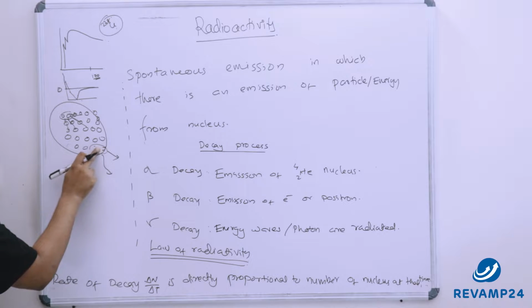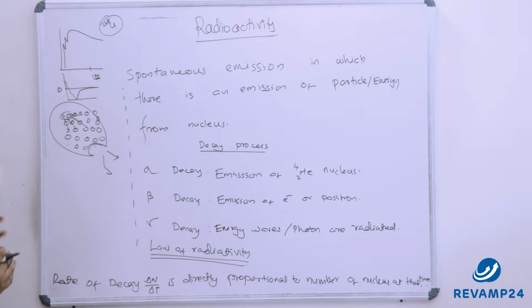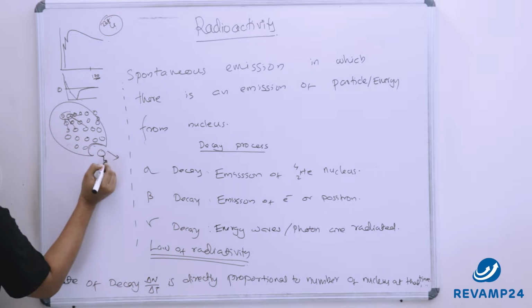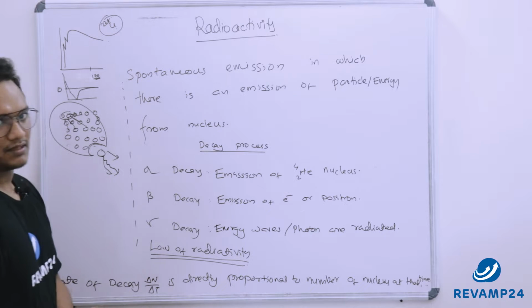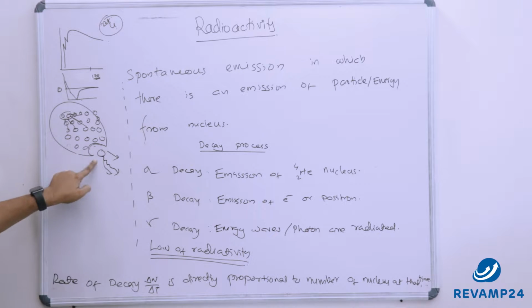Now from the nucleus, due to the repulsive force, and this is due to multiple factors, lower binding energy per nucleon, lower nuclear force and higher Coulomb's law force of repulsion, considering all these things, we could say that it will have a tendency to emit a particle from the nucleus. So this is called the process of decay.